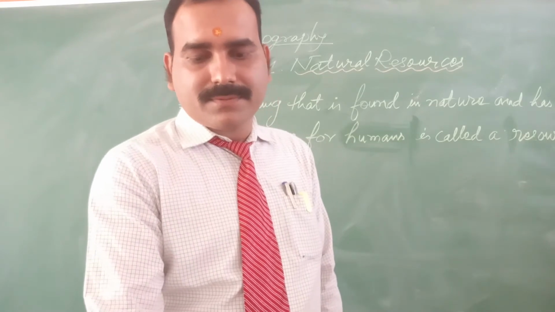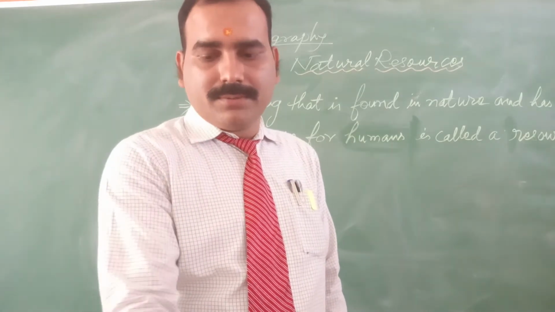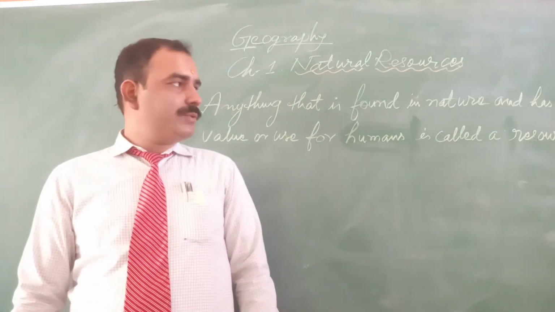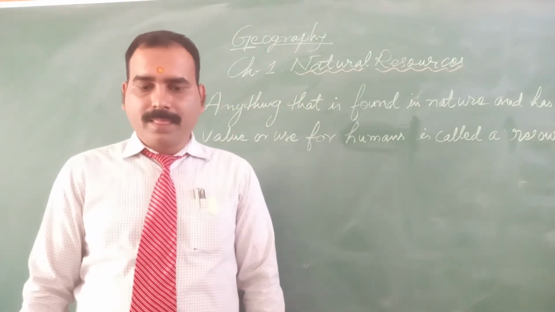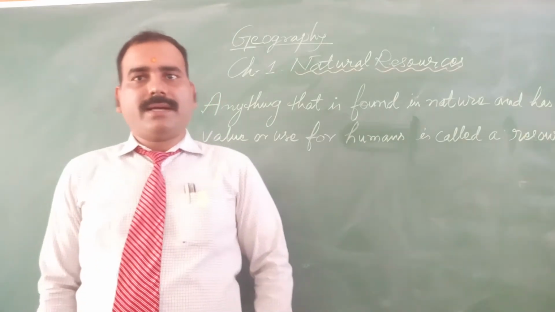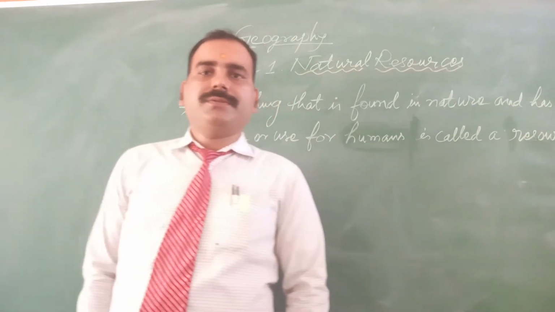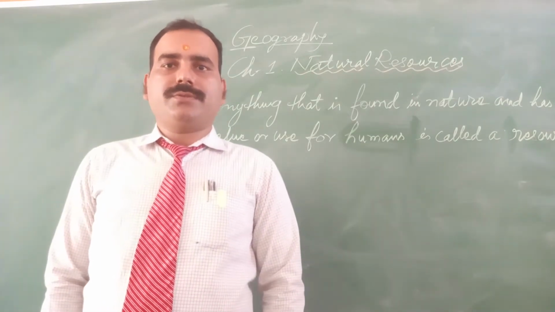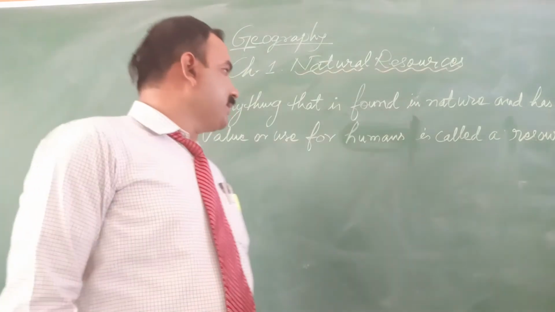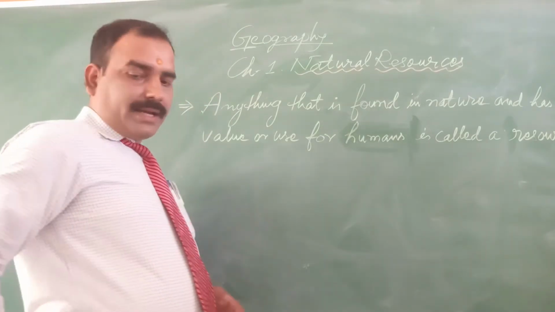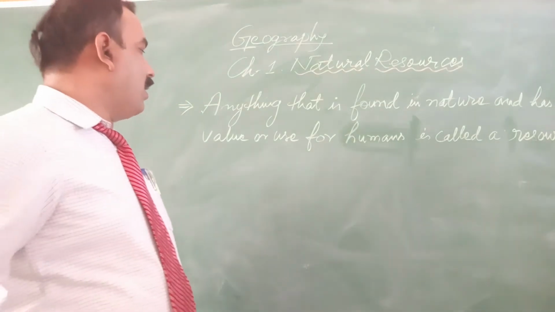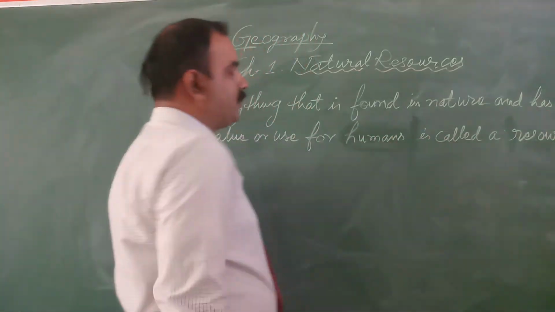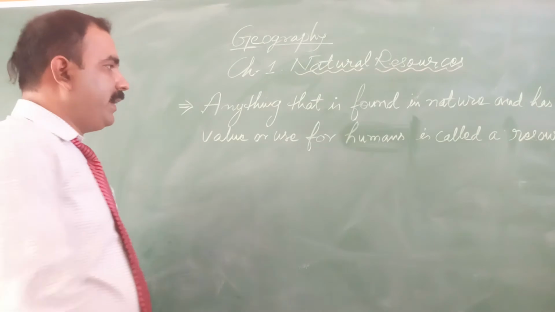So let's start. First of all, I would like to give you a quick review of the chapters I have explained to you in the last one. Dear students, I think in the first video it's clear to all of you what natural resources are.